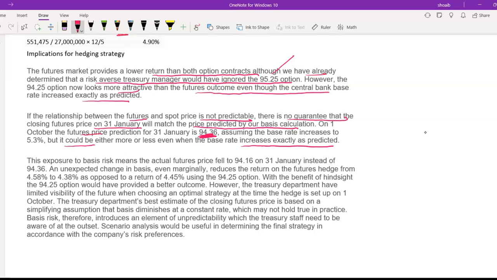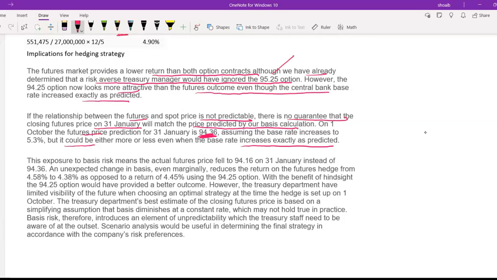It can be higher, it can be lower, because in future contract, you may face the basis risk. So there is a problem with the future contract. In that case, you can write the problem of the future contract and you can recommend the other derivatives. Okay, this is a discussion.